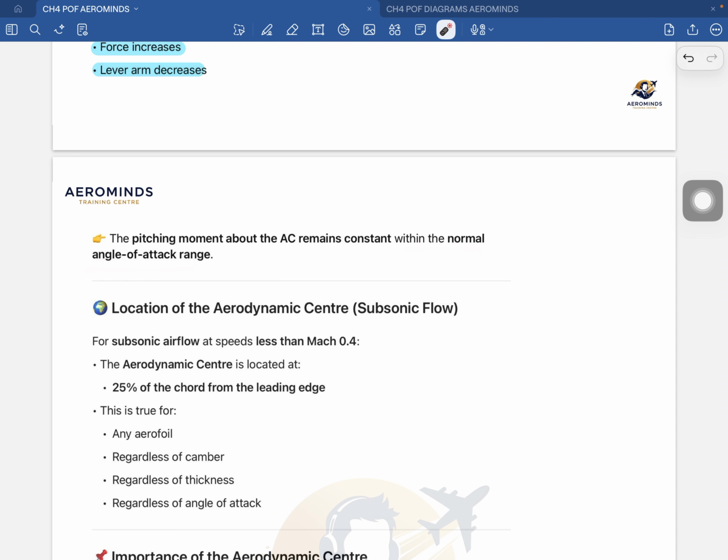It's a very important concept. Remember this: the pitching moment about the aerodynamic center remains constant within the normal angle of attack range. Got it? Even if the lift is changing a lot with the angle of attack, the pitching moment about the aerodynamic center will remain the same because the effects cancel each other out.